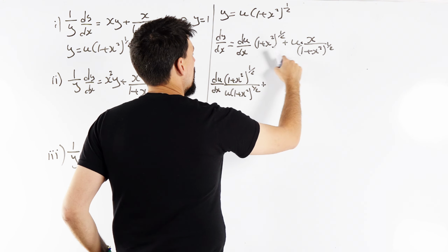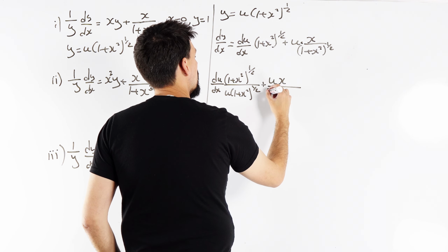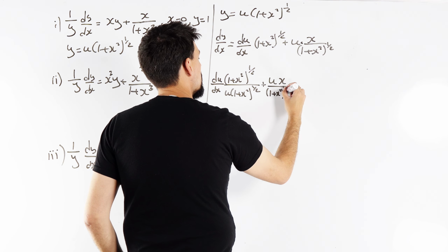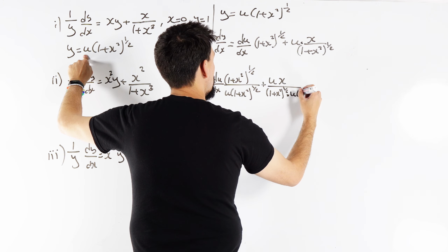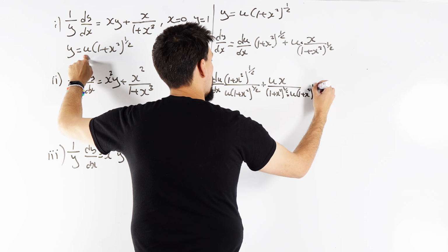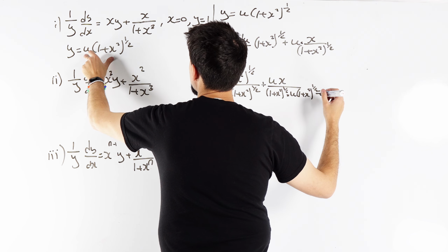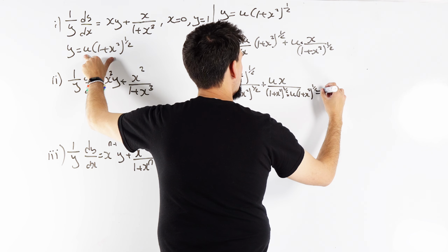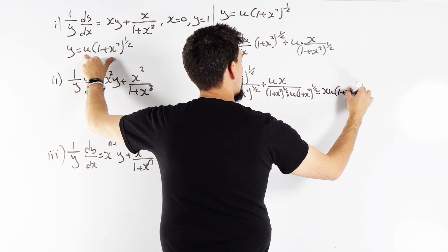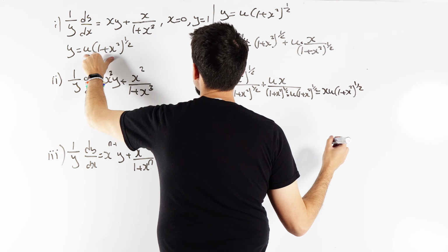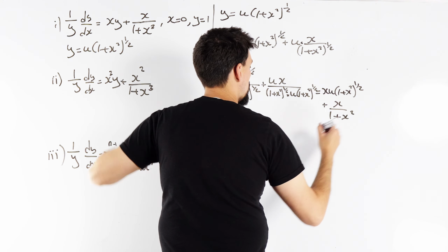Plus ux over (1 plus x squared) to the half, times u (1 plus x squared) to the half. That is equal to xy, which is xu (1 plus x squared) to the half, plus x over 1 plus x squared.